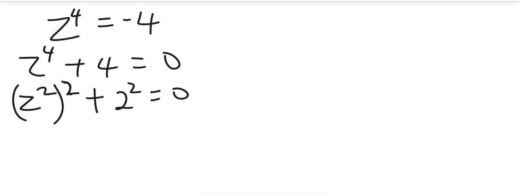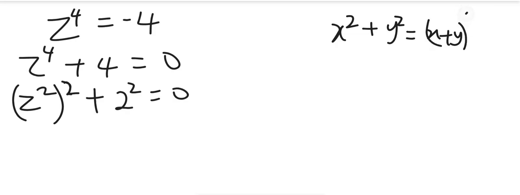So if you remember this identity, x squared plus y squared is the same thing as x plus y, everything squared, minus 2xy. That's the identity.